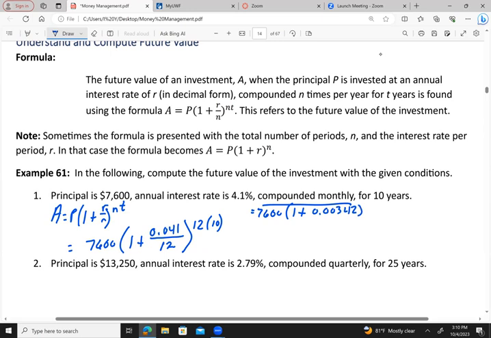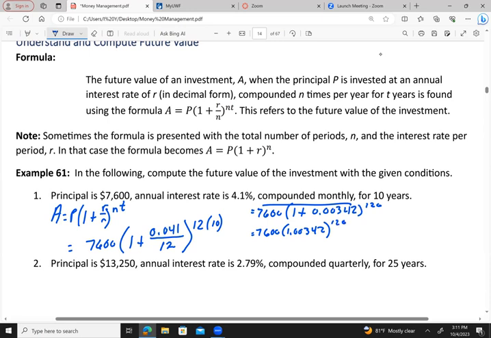And this would be to the 120th power. So I have 7,600 times 1.00342 to the 120th power.